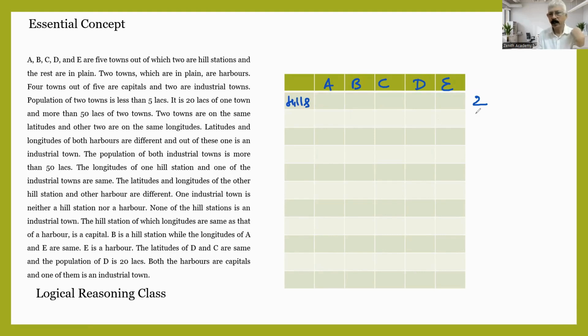So it means the rest 3 are in a plain. 2 towns which are in plain are harbors, so out of 3, 2 are harbors. Four towns out of 5 are capitals. And 2 are industrial.